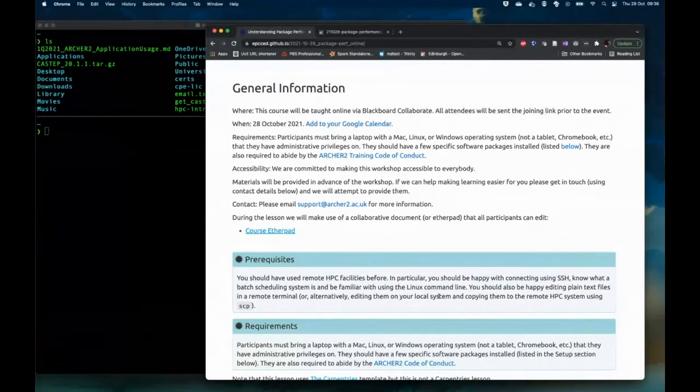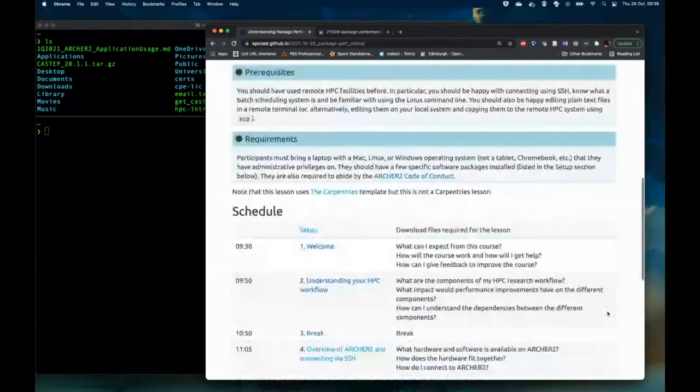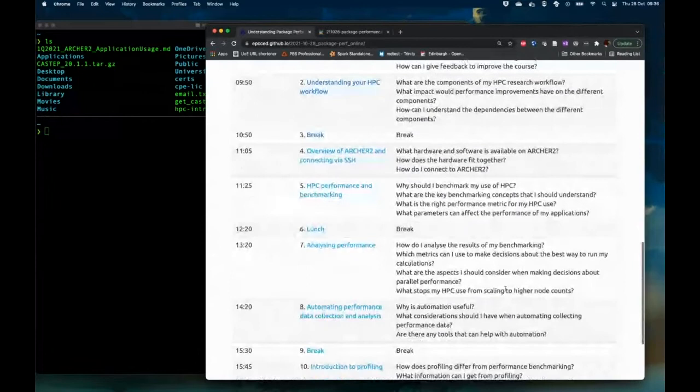In terms of the timings, there's a schedule here. The timing is going to be pretty flexible, except for one thing. I will stick just about exactly to where the lunch break is to give people some certainty about how their days split up. Whatever point we're at, we'll go at a pace which suits you guys on the course and what's most useful for your work and what you're interested in.